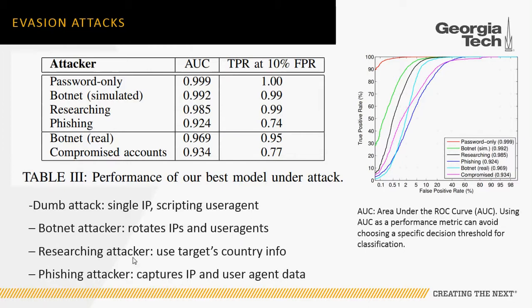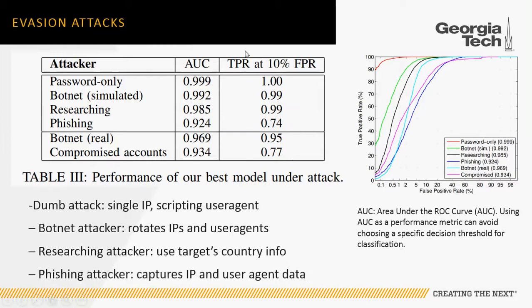And the researcher attacker, that means the attacker basically knows the target's country information, so the country filter will not be helpful. And the phishing attacker, this is probably the most complicated attack because it has both the IP information and the user agent data, so you can mimic this login information and try to attack.